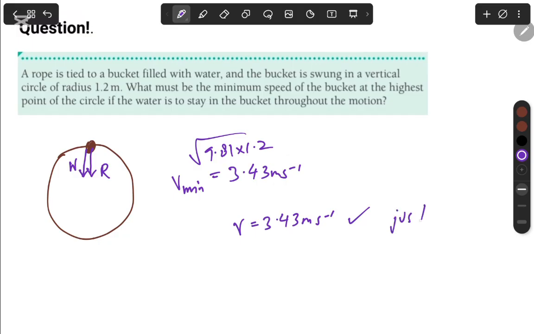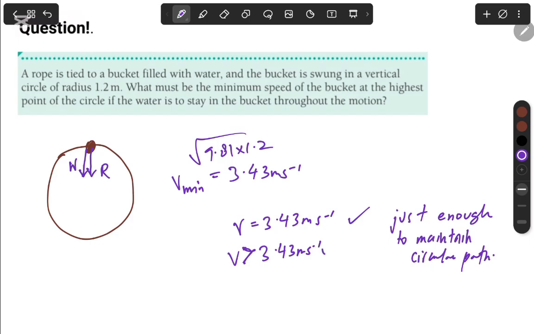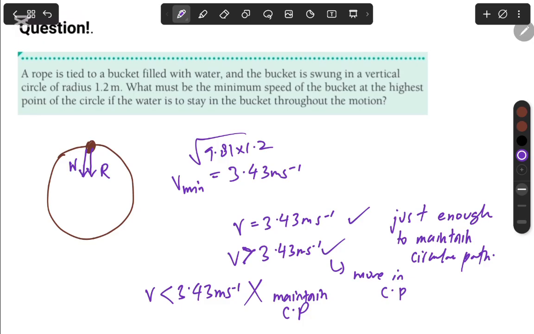This is just the bare minimum enough to maintain the circular path. Now, if our velocity is greater than 3.43 meters per second, then we can move in a circular path. Now, if our velocity is less than 3.43 meters per second, then we cannot maintain the circular path. Alright, so I hope this is clear.